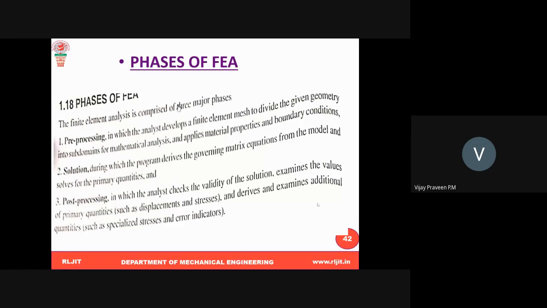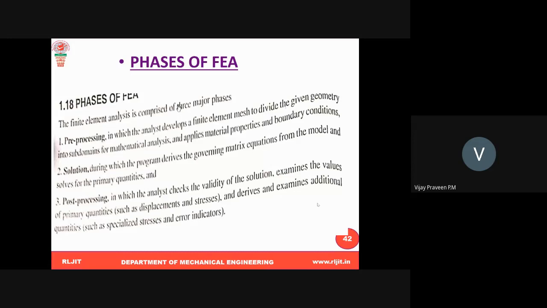And solution means once you have done all these things in the software, you click on solve. When you click on solve, the computer does the solution for that.